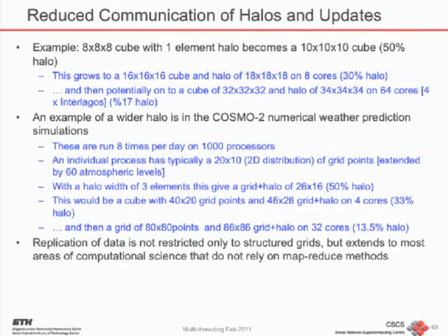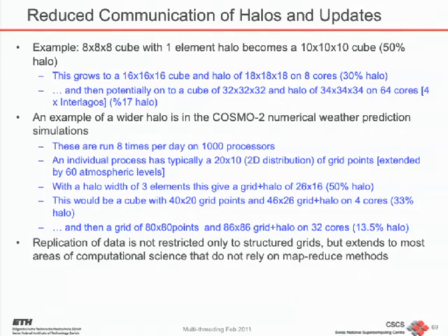To put this in some numbers, for a theoretical example, an 8 by 8 by 8 cube with one element halo is a 10 by 10 by 10 cube, and that's half of the grid points being halo regions. Even growing that, you can still stay with 30 or 17% halos.